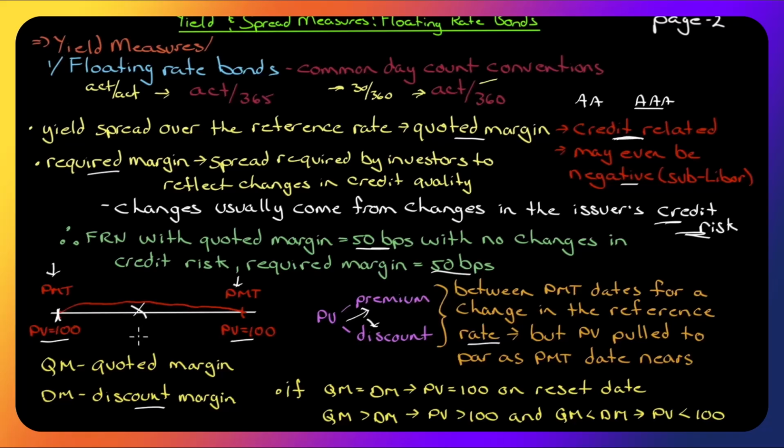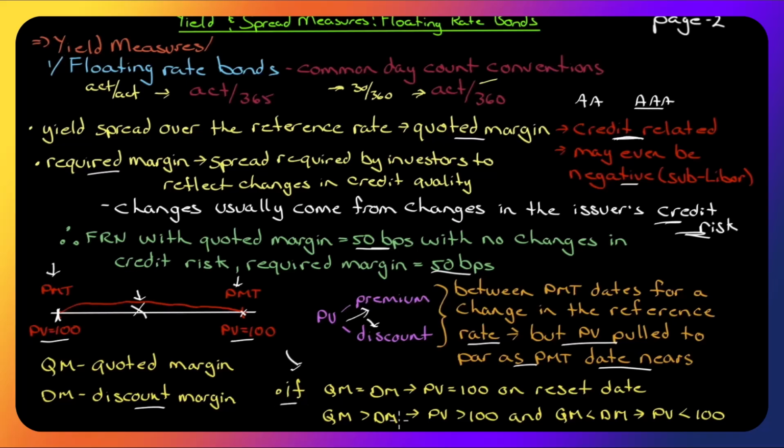So if we were going to price the bond in between coupon dates, we have to reflect the fact that LIBOR is not going to be the same as it was on the payment date, but it would only be the next payment that would fluctuate with changes in the market rate, because on the next date it would then be reset to 100 again, because all coupons would be priced at their own market rate. But the present value is pulled to par as the payment date nears, and that's why we have this. Unless there were changes in the credit quality of the issuer, then we end up down here.